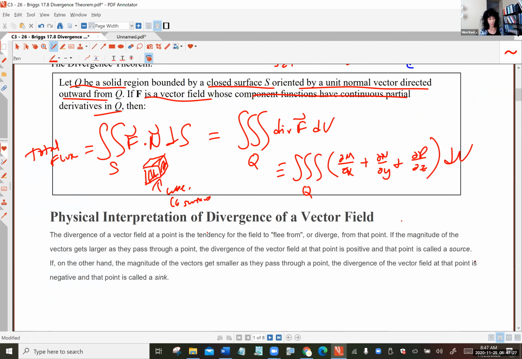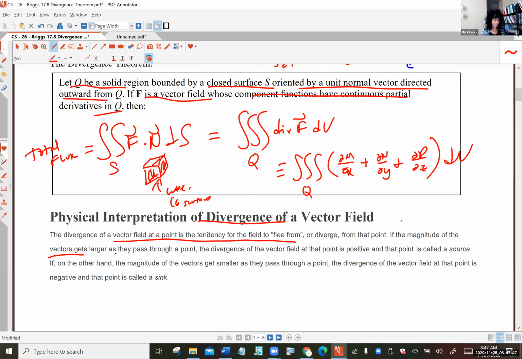Okay, let's talk about what it means for divergence again. I alluded to this last Friday when we talked about divergence, but let's do it again. What the heck is divergence? It's the tendency for the field to flee from or diverge from that point.